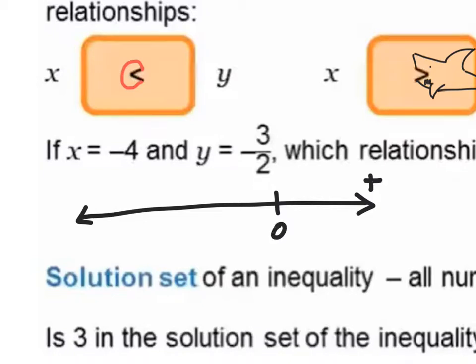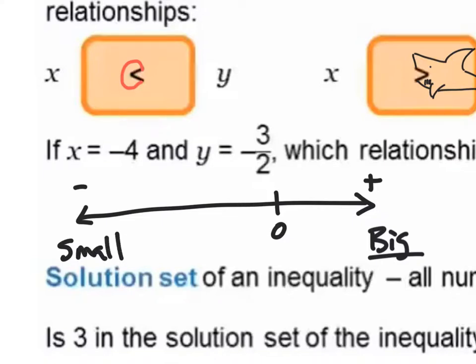These are positive numbers, these are negative numbers. For positive numbers, the further to the right you are on the number line, the bigger your number is. If you're further to the left, they're small.